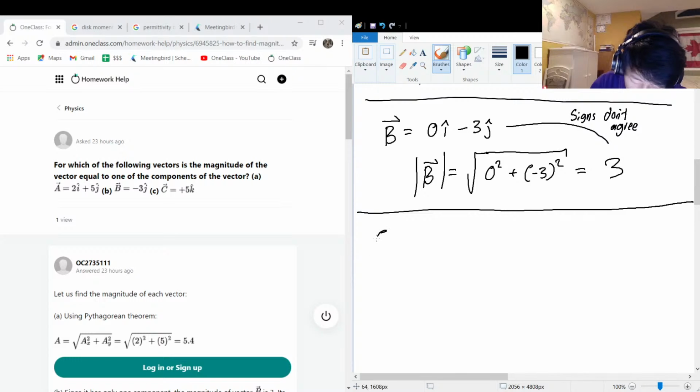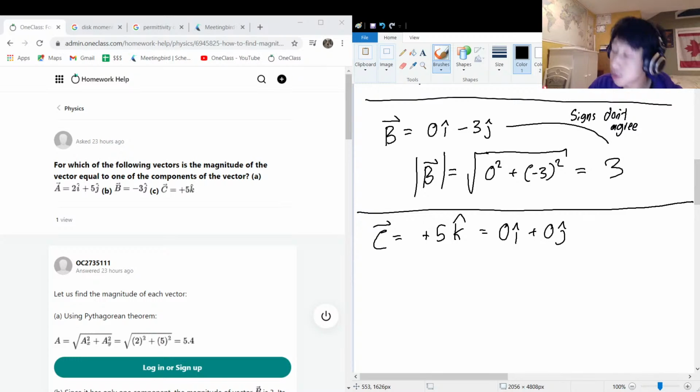Okay, so let's actually see how that works. So C is equal to plus 5 in the k direction. The k direction corresponds to the z direction on your xyz axis plane. So we could rewrite this if we wanted to be more formally proper: 0i plus 0j, because we have no contributions in the i or j direction. Okay, and then we add 5k.